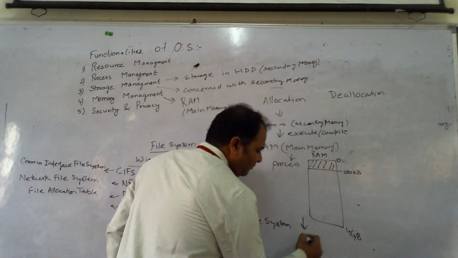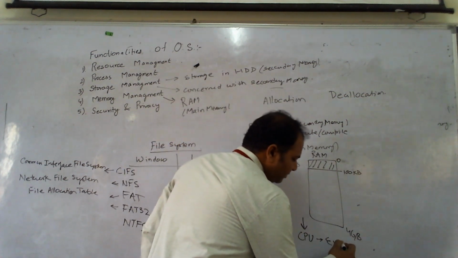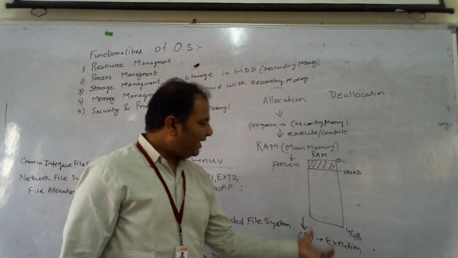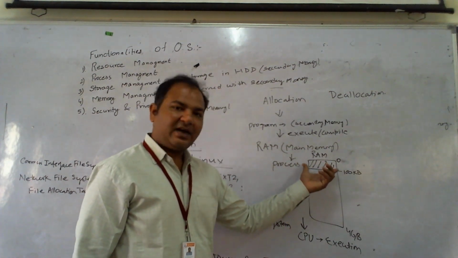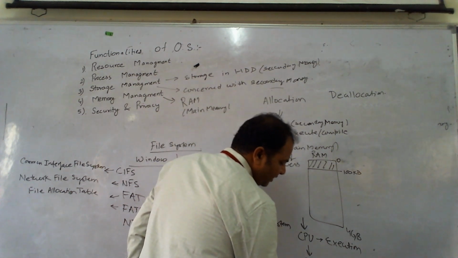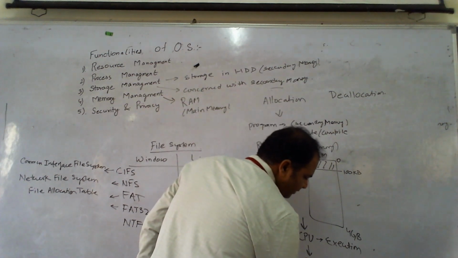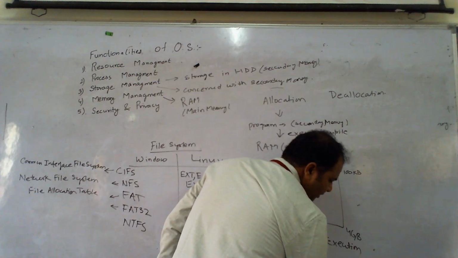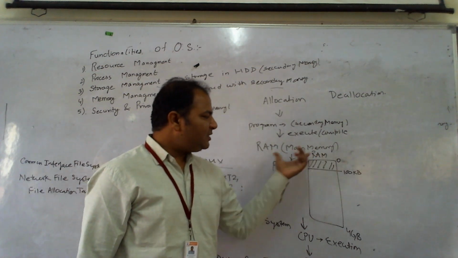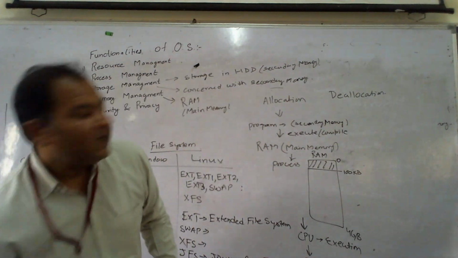Now it is given to the CPU for execution. The CPU takes the process from the RAM, executes it, and gives output. After giving the output, the memory occupied in the RAM by the process gets released.